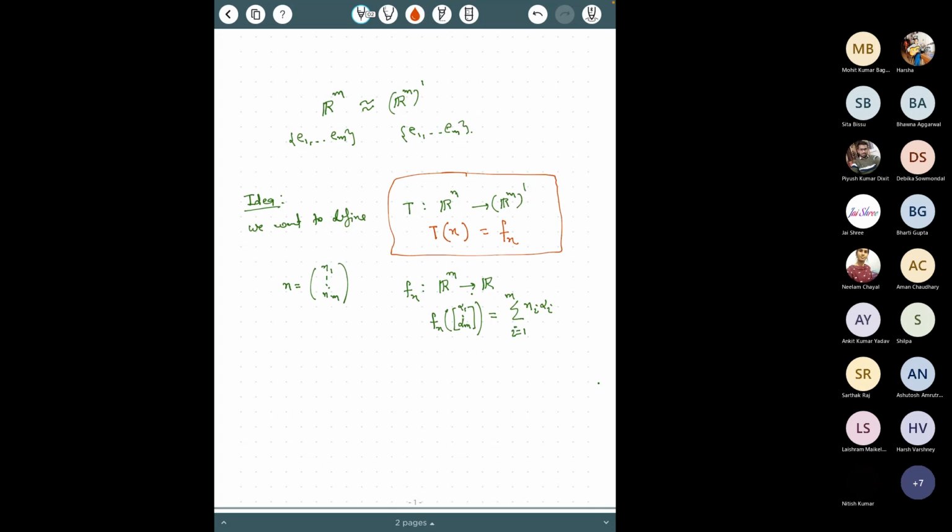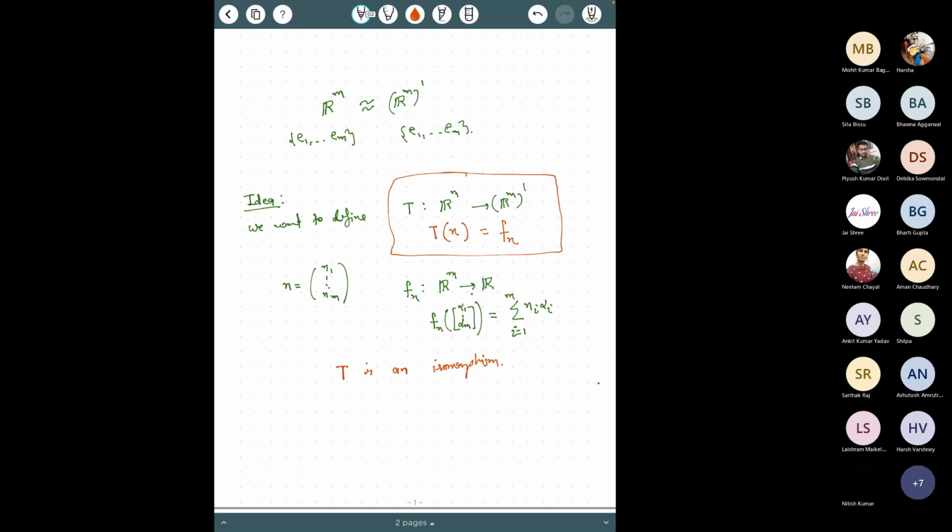That means it's linear and 1-1, because Rm is finite dimensional, so 1-1 is the same as onto. It is easy to verify that T is linear, and you can also verify that T is 1-1 or T is onto, whichever. So T is an isomorphism. So you have a way to relate vectors in Rm with the functionals on Rm.